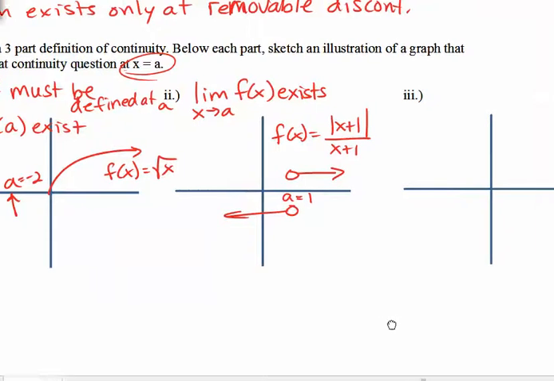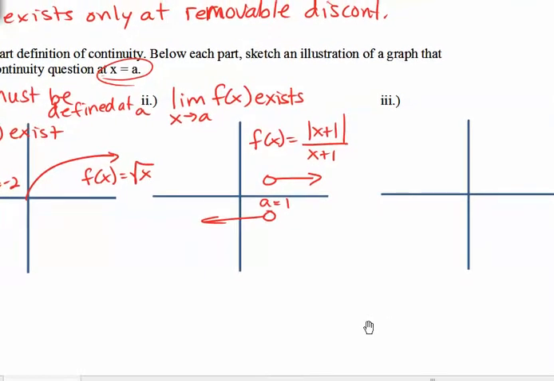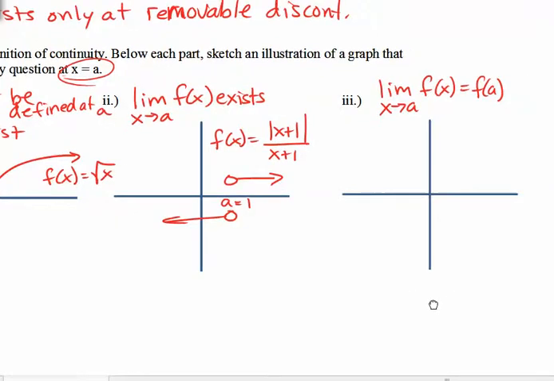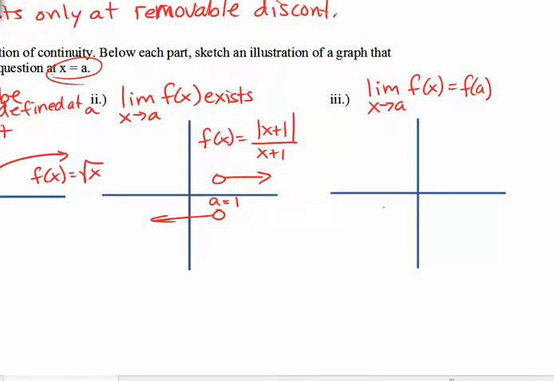And our third question then is, if the first two both work, then is the limit exactly what we would get by directly plugging a into the function? So is the whole thing plugged in? And we want an example here that doesn't work. So for example, a piecewise defined function that has a pop point. So let's say here a is equal to 3.